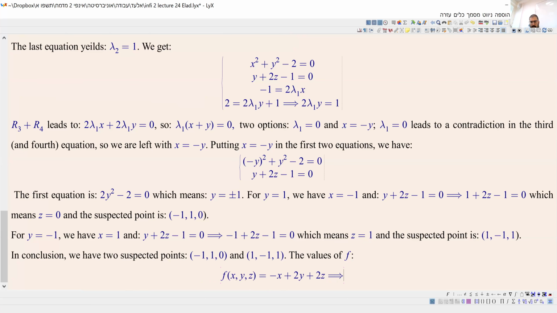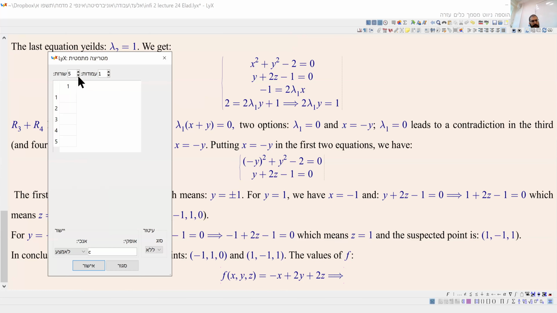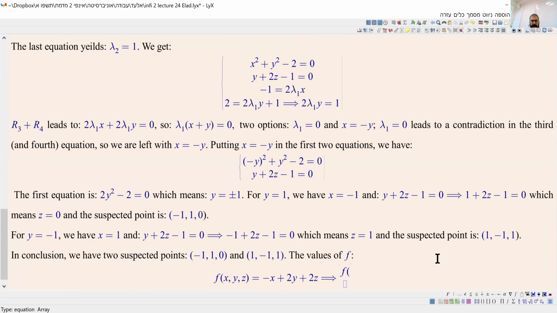We have 2 points: f of -1, 1, 0, and f of 1, -1, 1. Okay, at -1, 1, 0, we get 3. At 1, -1, 1, we get -1, as far as I can see.